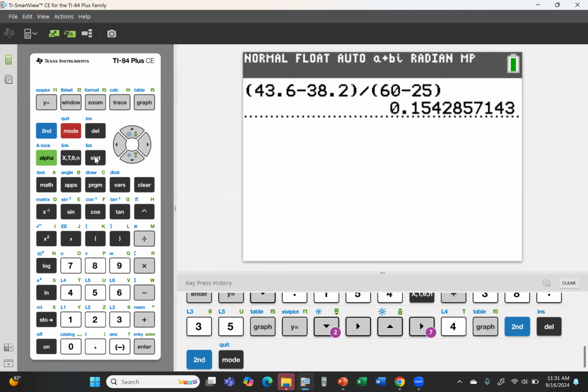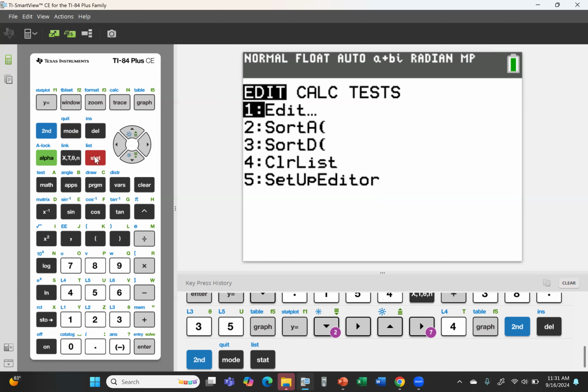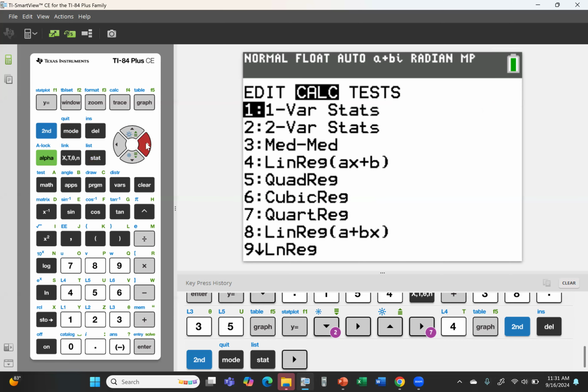Okay, you are going to go to your stat menu. And you're going to go over to the calc menu in your stat menu. And you're going to look at number 4. Number 4 says LinReg (ax plus b).